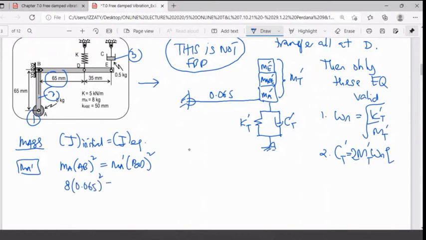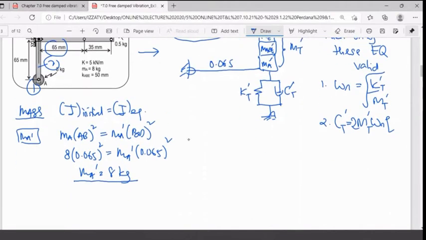Then we transfer this one to become MA prime to the new distance, which is 0.065. And you found that it is the same thing. It's exactly acting like the moment, isn't it? So no change. Why no change? Because AB is equal to BD.